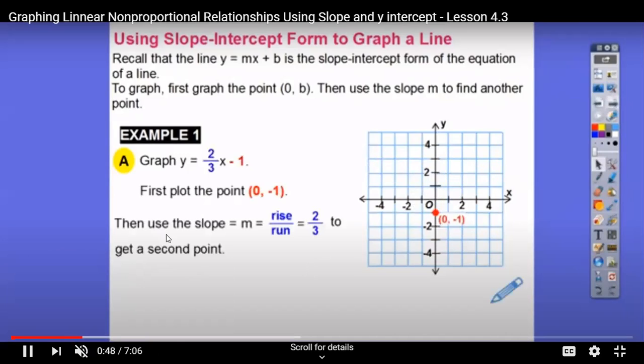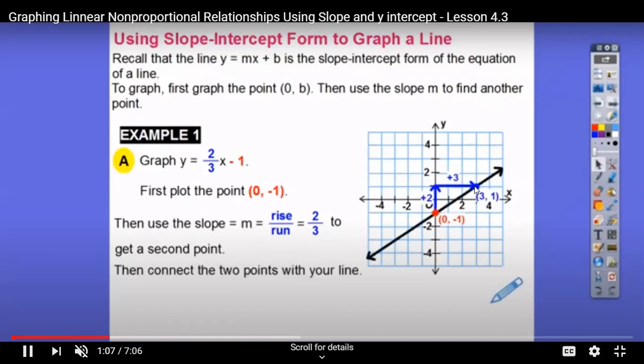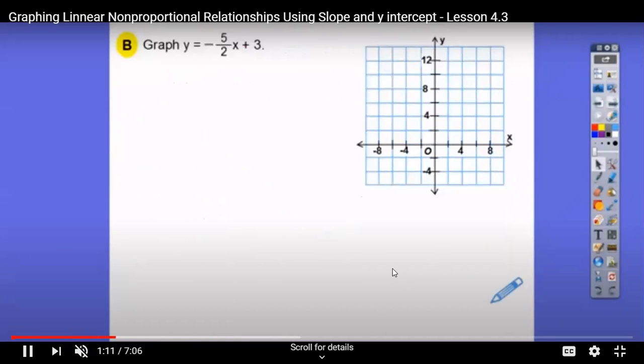Second, use the slope, which is rise over run, 2 over 3, to get the second point. We start from this point, count up 2 units and then to the right 3 units, and then plot the second point. Then we connect the two points with a line.